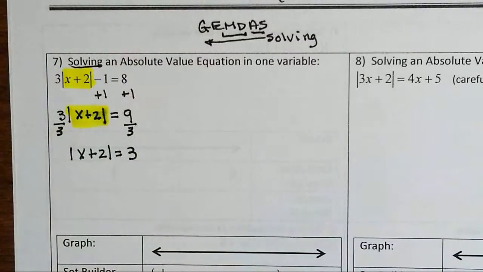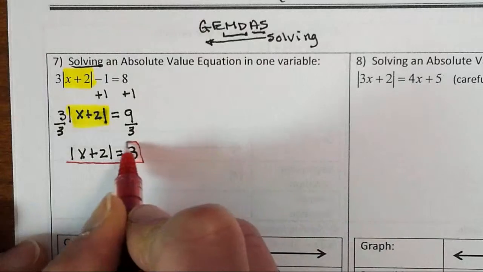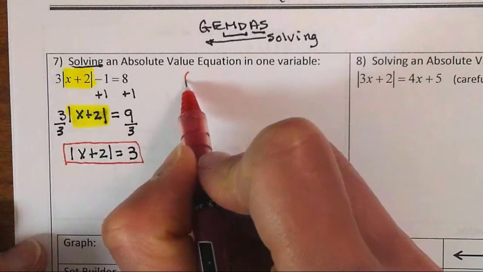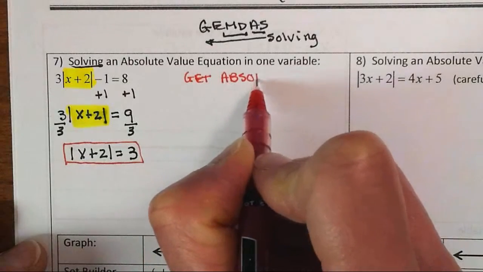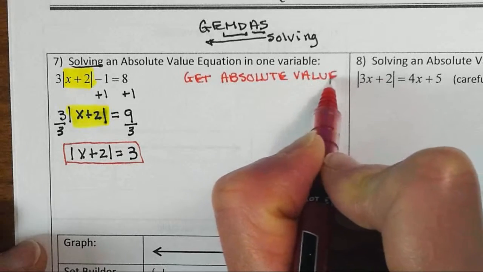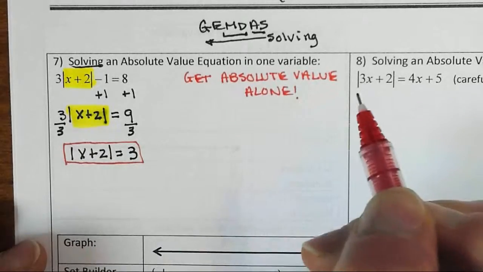Okay, so it's very important that you do this step first. You have to get the absolute value alone. So I'm going to write that here. Get absolute value alone. Very important.